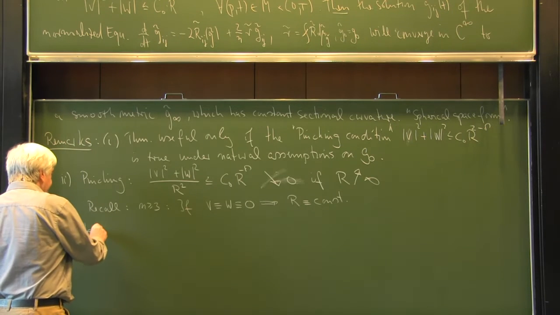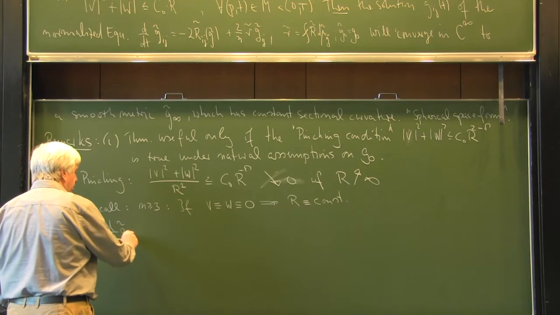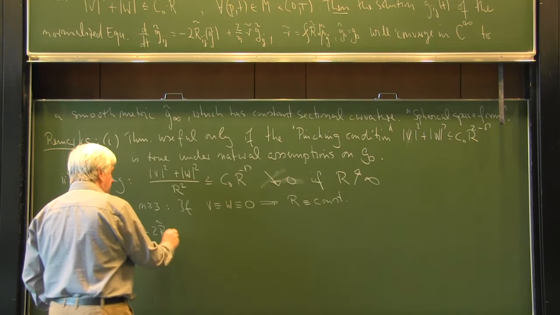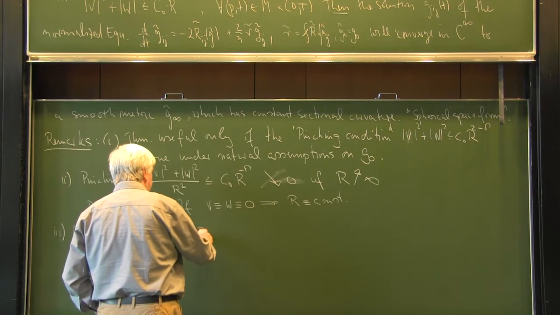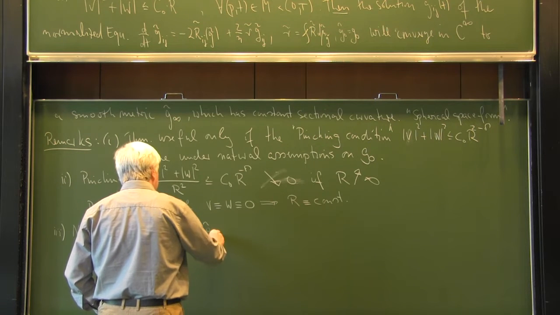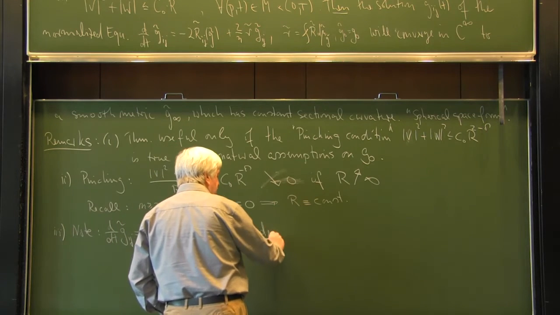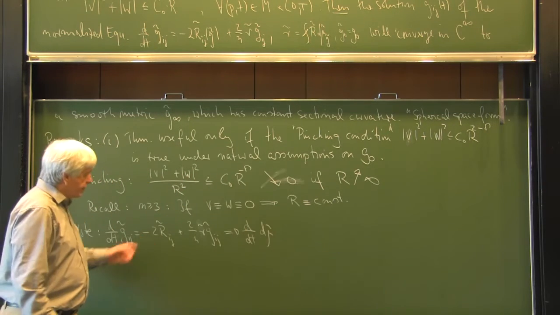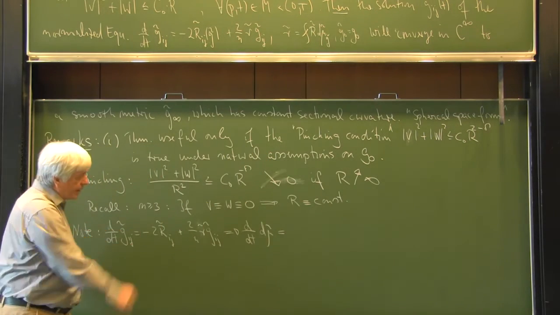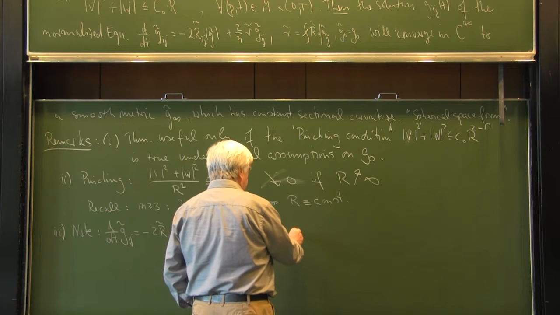So note that if d/dt of the metric is equal to minus 2 times the Ricci tensor plus 2 over n times the average of the scalar curvature times g tilde ij, then the time derivative of the induced volume element, with the usual computation of the determinant of a matrix, you end up with 1/2 of the trace of the right-hand side.